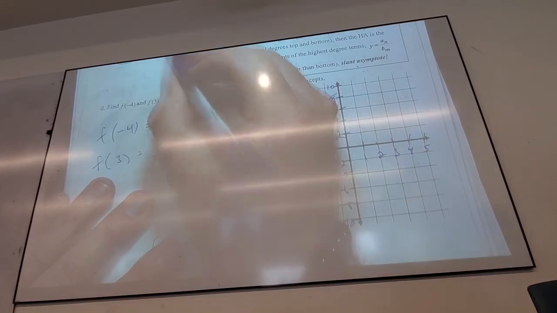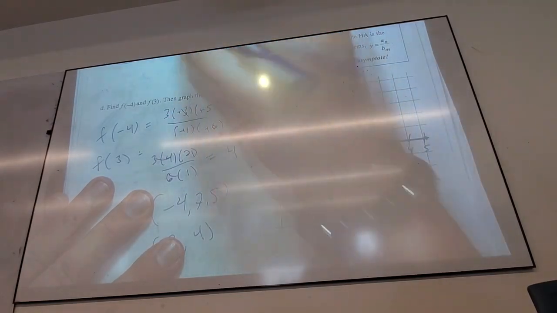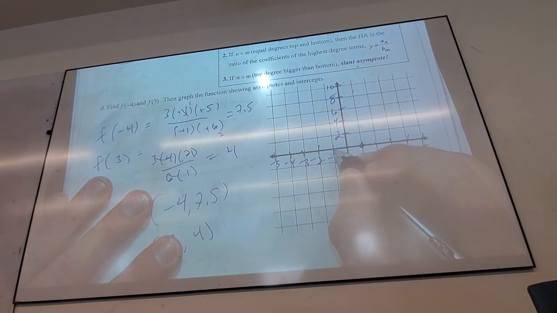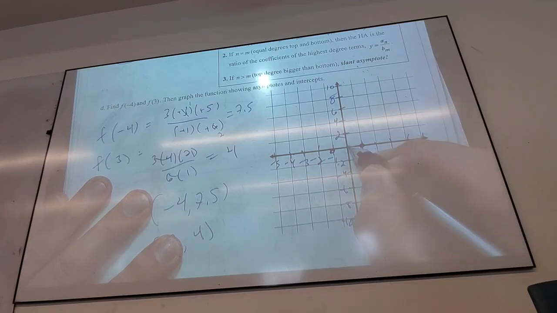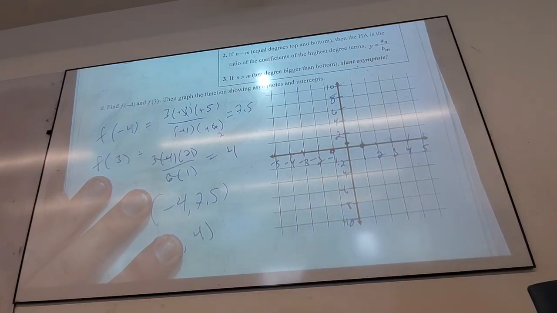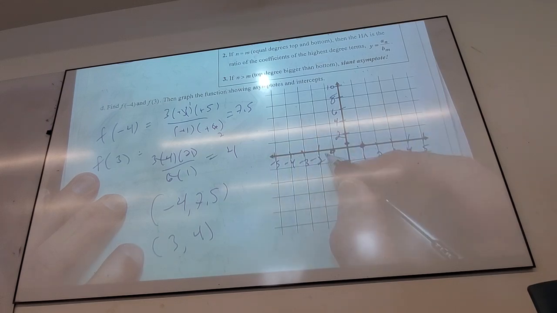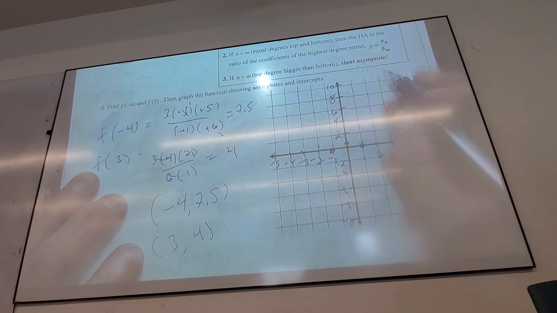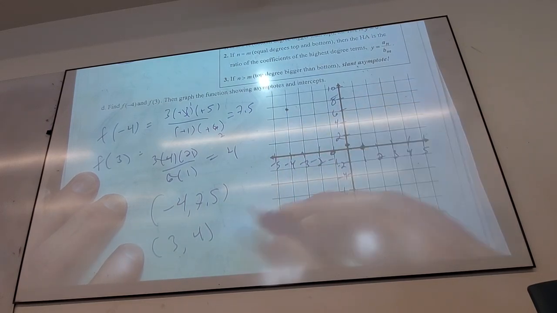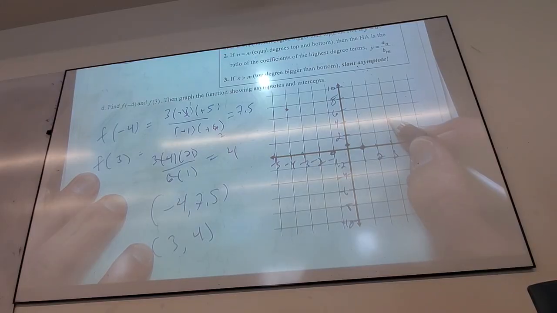Okay, so what can I put down here now? I know my intercepts are 1, 0, and -1, 0. I got a 0, 1/2 intercept, yes. I've got a point at -4, 7.5, and I got a point at 3, 4.